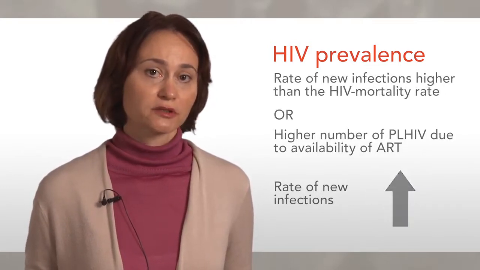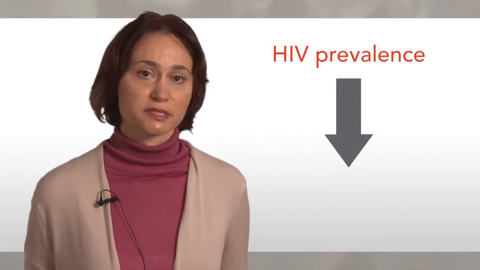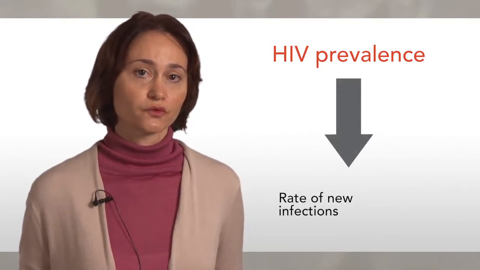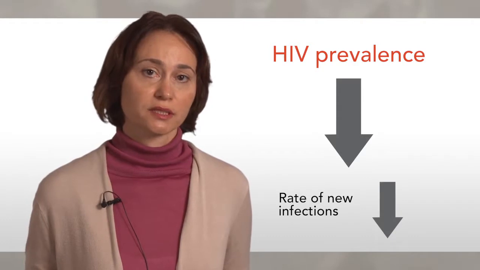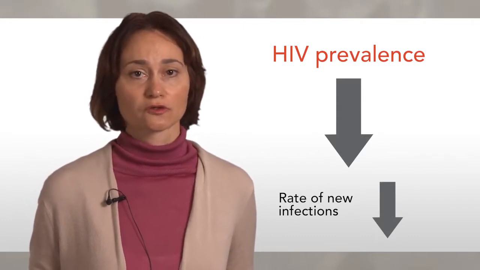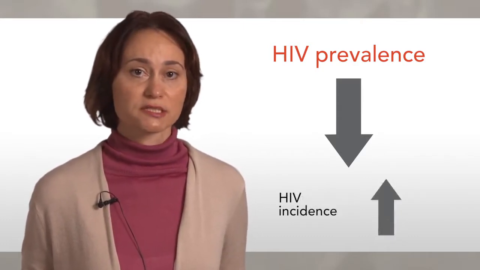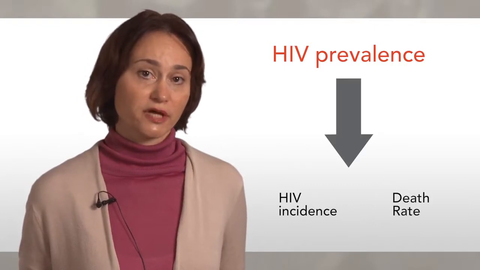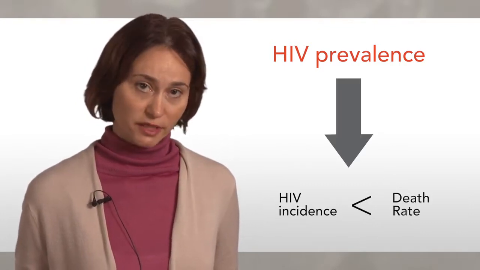rise. Similarly, a decline in HIV prevalence might mean that the rate of new HIV infections is decreasing, but could also occur in a context of an increasing HIV incidence and an HIV death rate that is higher than the incidence rate.